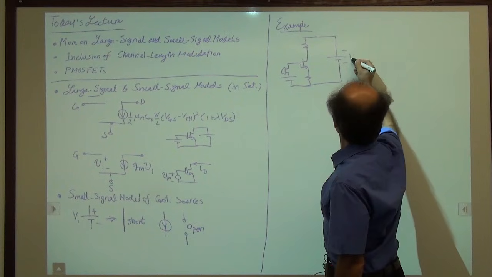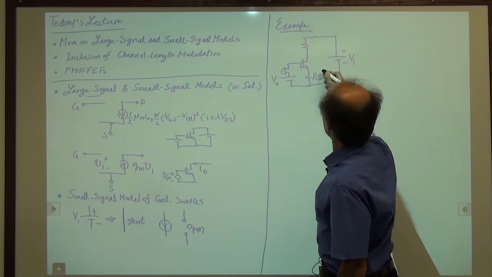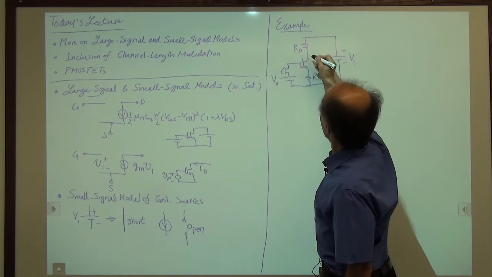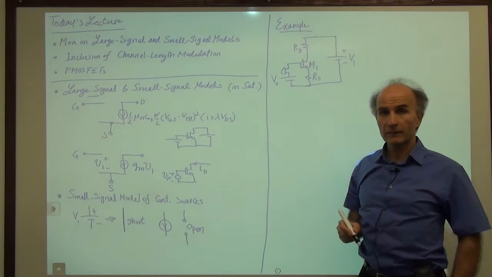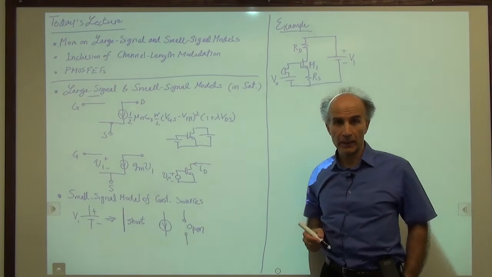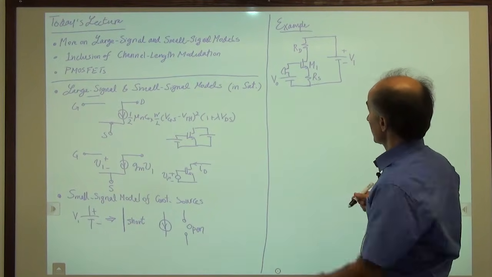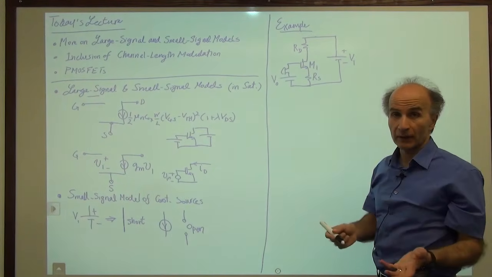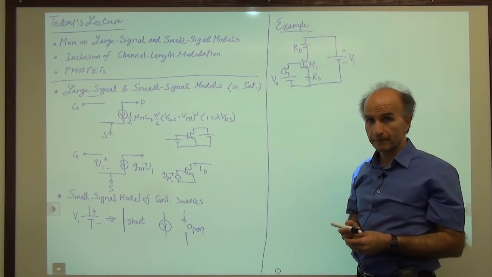So here's V1, here's V0, RS, RD. And we can call this transistor M1. We call MOS devices by M, M1, M2, etc. All right, so this is the overall circuit given to us. It has everything. And we would like to construct the small signal model of the circuit.